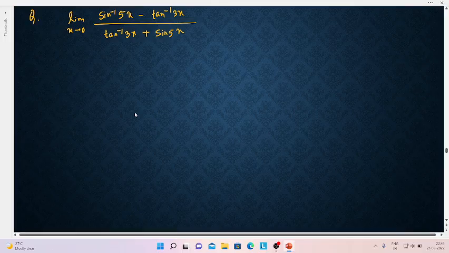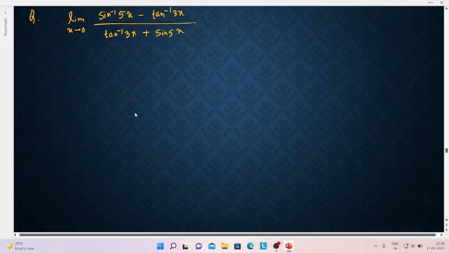So I think you have done the solution. So basically here you can see that if we put x equals to 0 in the numerator and the denominator, the numerator will become 0. Similarly, the denominator will also become 0.